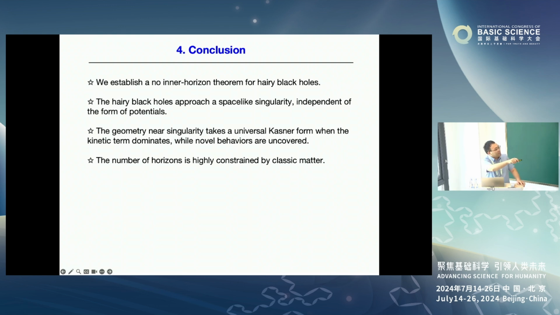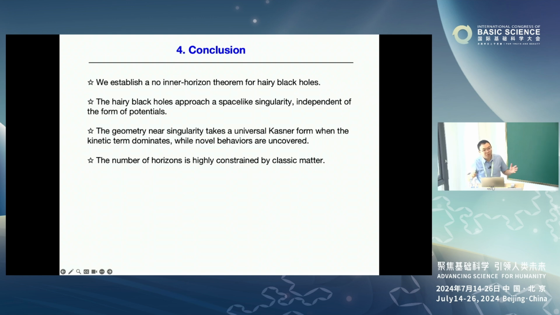Here I showed you that we established a no inner horizon theorem for some hairy black holes, for very generic cases. And the hairy black hole approaches a space-like singularity, independent of the form of the potential that I just showed to you. And the geometry near the singularity can take a universal Kasner form when the kinetic term dominates.